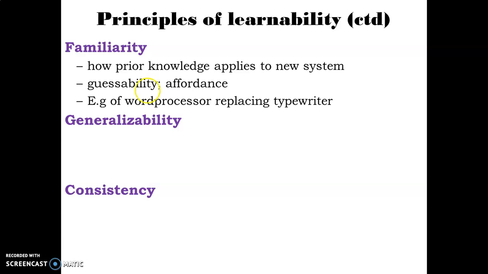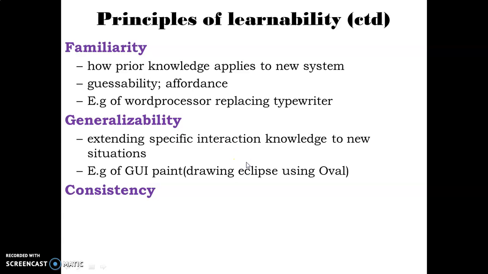For example, when a word processor was originally introduced, the analogy between the word processor and a typewriter was intended to make the new technology more immediately accessible to those who had some knowledge of typewriters. Familiarity deals with a user's first impression of the system.